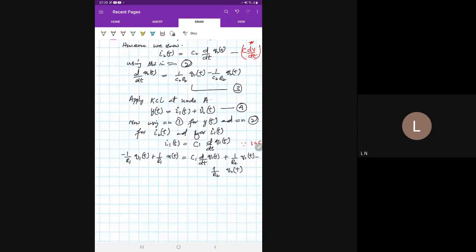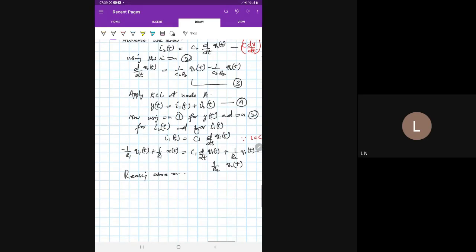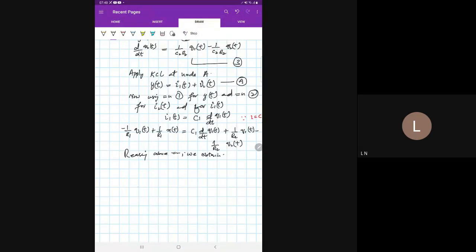If we rearrange the above equation, we'll obtain d by dt of Q1 of t equal to minus (1 by C1 R1 plus 1 by C1 R2) Q1 of t plus 1 by C1 R2 Q2 of t plus 1 by C1 R1 x of t. So let us call this equation 4.